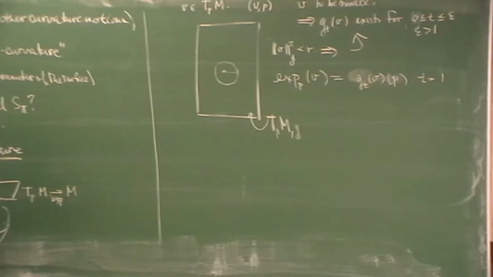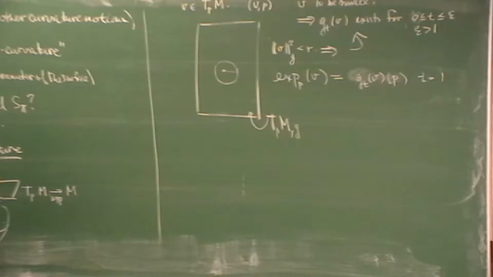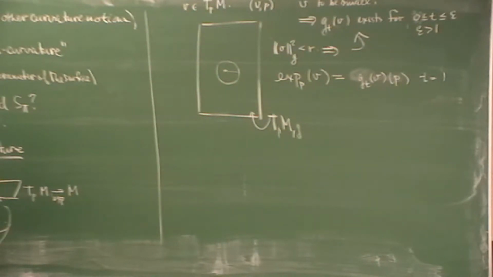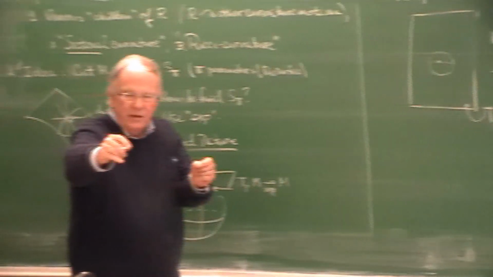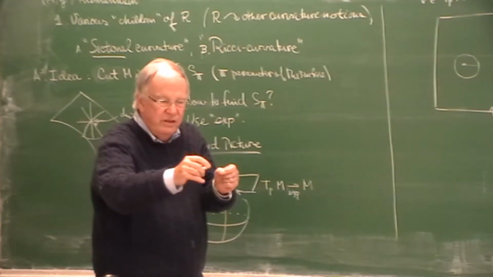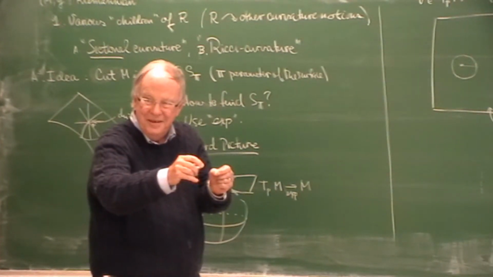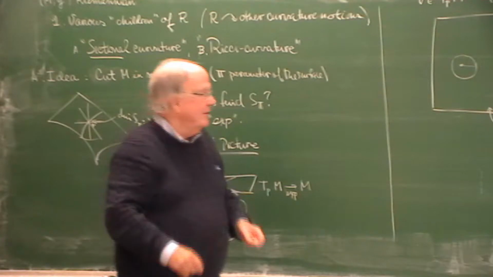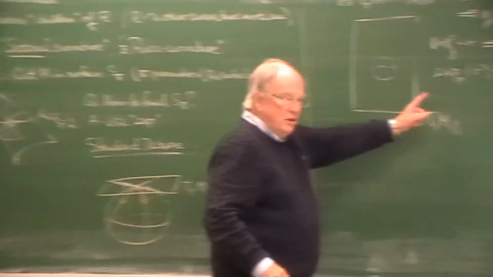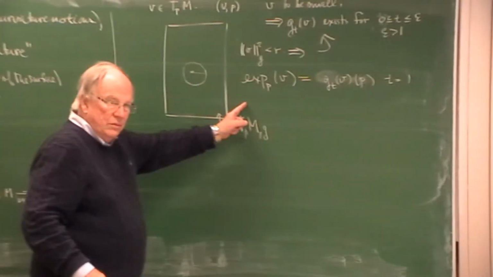You get it? If v is big, I'm in bad trouble. If v is too big, I can only get time 1/2. Now I'm going to make v smaller, and now I can get time 1. So that's called the exponential map.